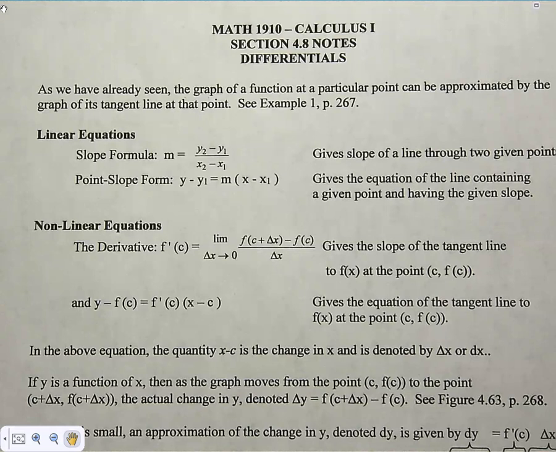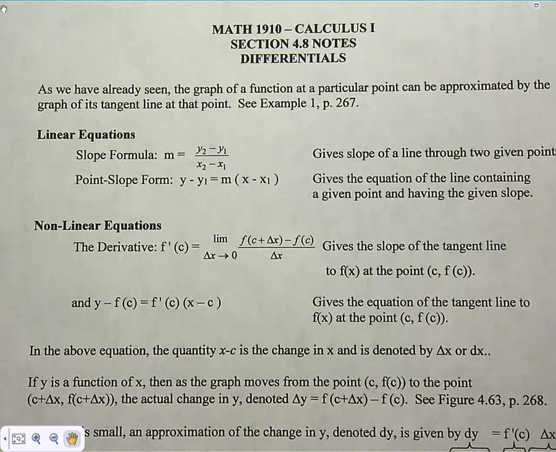Y may be profit, and we have a profit function, but for some reason we can't find the exact change in profit when production goes up, so we need to approximate it. Differentials will let us do that.